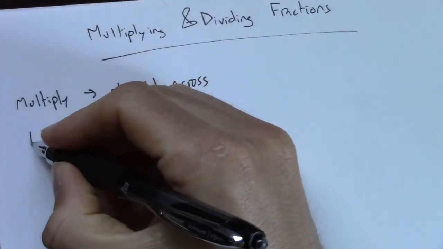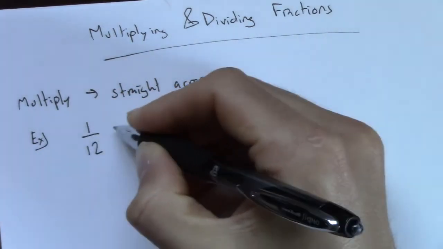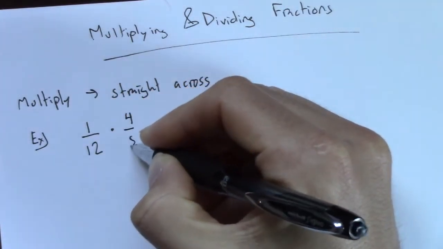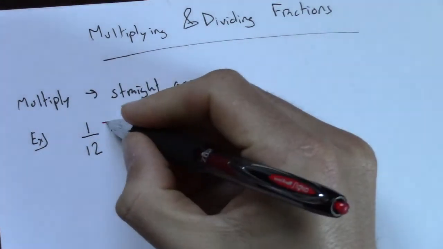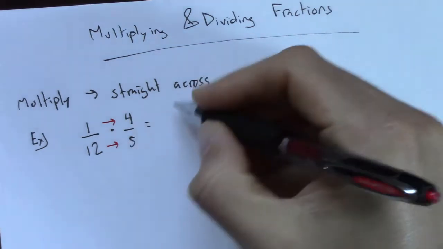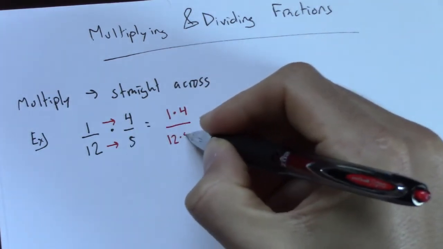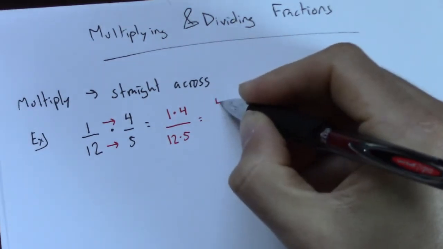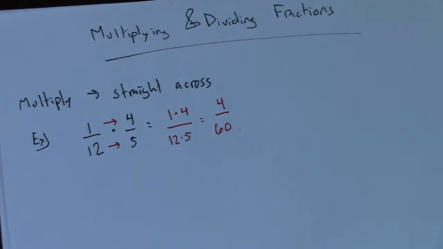So as our first example, we might have 1/12 times 4/5, in which case if we went straight across with our multiplying step, we're going to see that we have 1 times 4 on top, 12 times 5 on the bottom, which is going to give us 4, you might need a calculator, over 60.